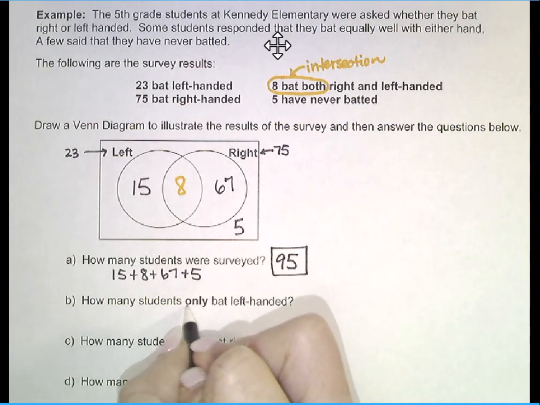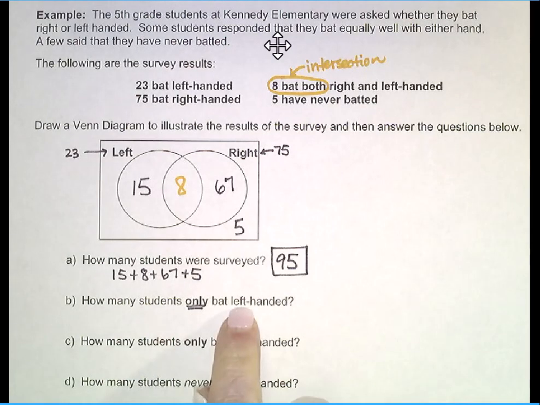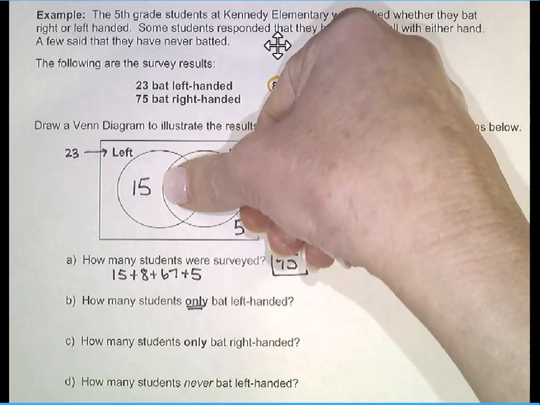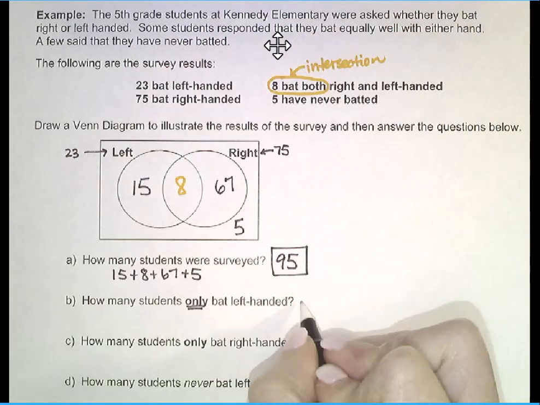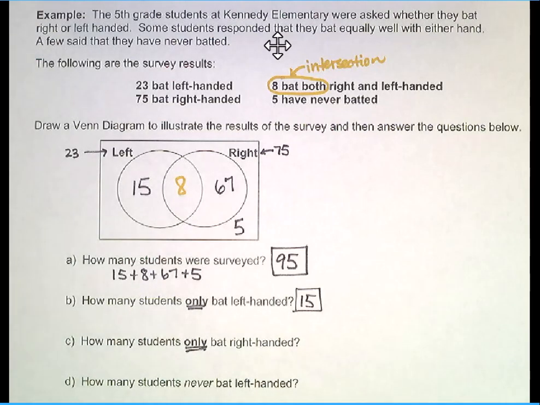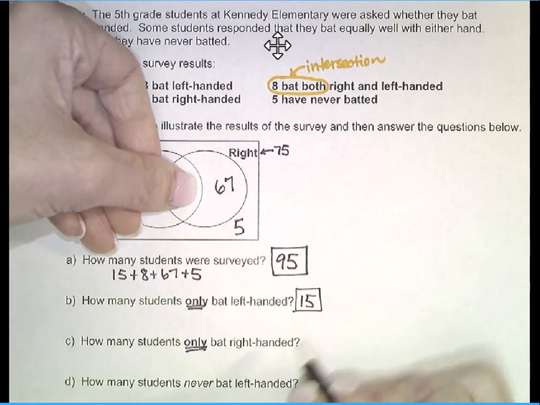How many students only bat left-handed? Okay, that's the 15. They only bat left-handed. How many students only bat right-handed? 67.